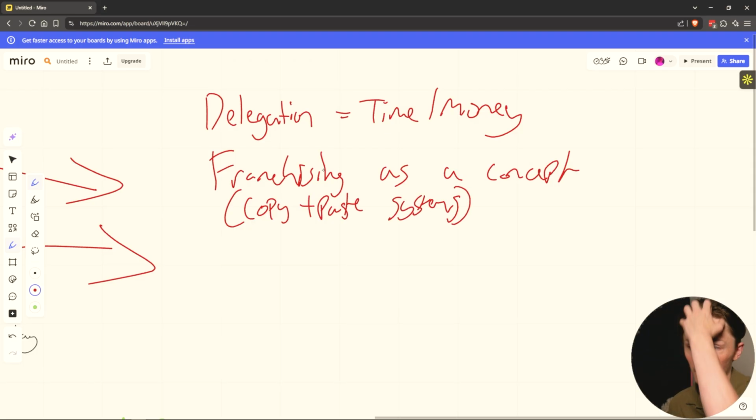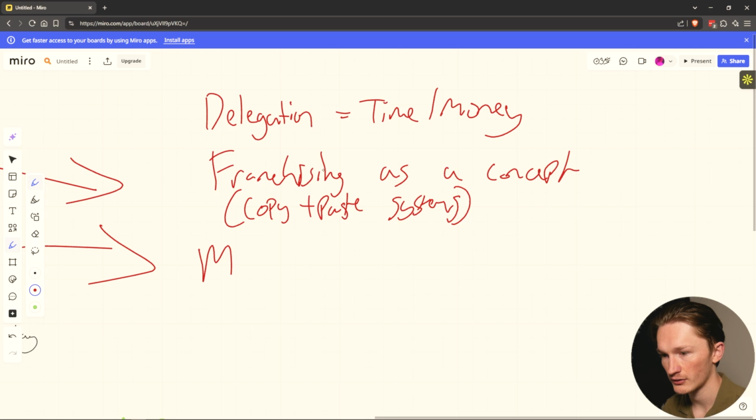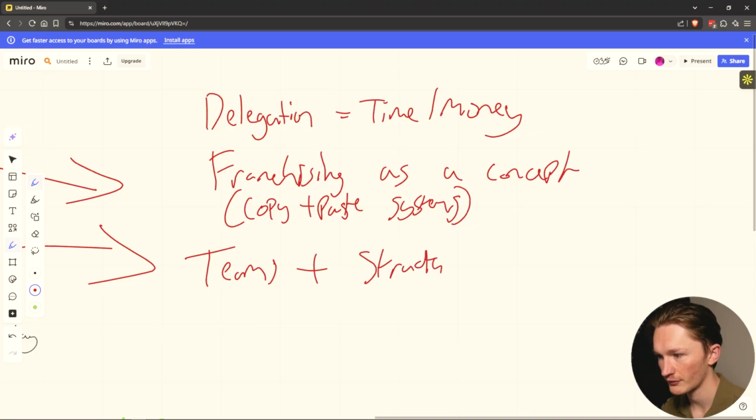And then ultimately, I think it's creating, actually no, not management, it'll be teams and structures. And I can make another video on this if you want me to, but this is ultimately what Daniel Priestley talks about in Key Person of Influence, which is basically having scalable teams.